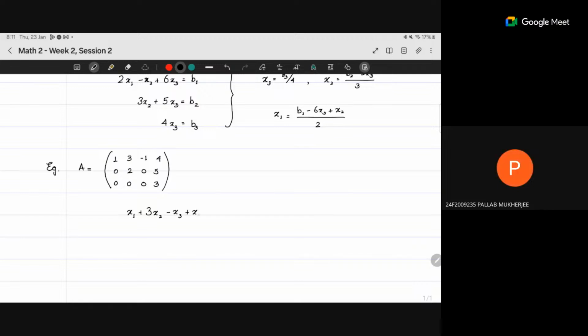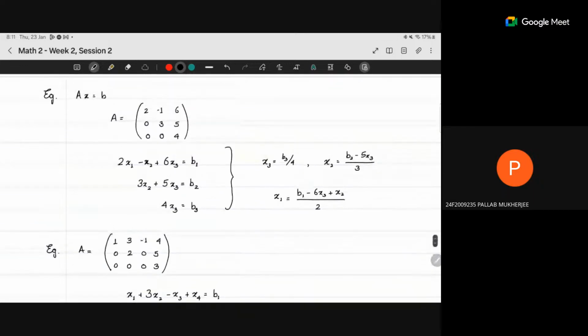Sir, I want to ask one thing from the previous example. How that 4, 3, and 2 is coming as the denominator? So here 4x3 is b3, correct? And for x2 also, you have 3x2 will be equal to b2 minus 5x3.